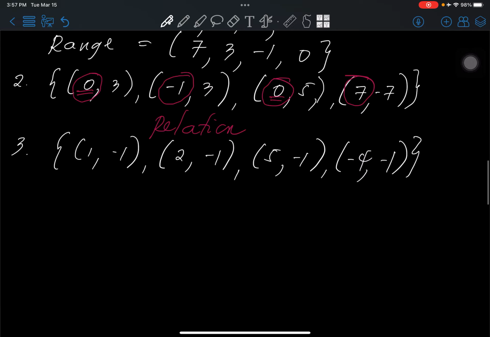Are there values of x which are repeated?